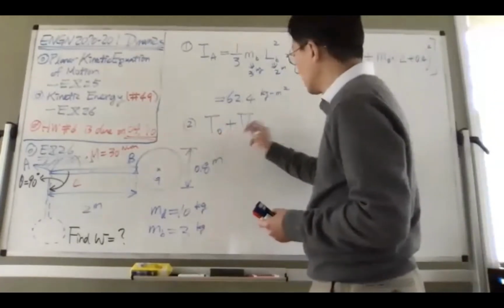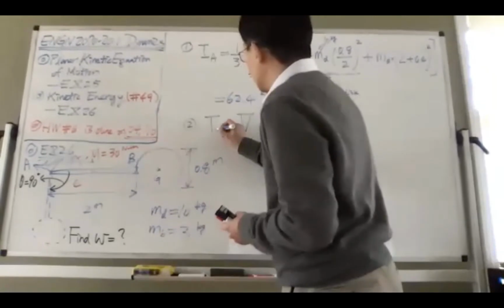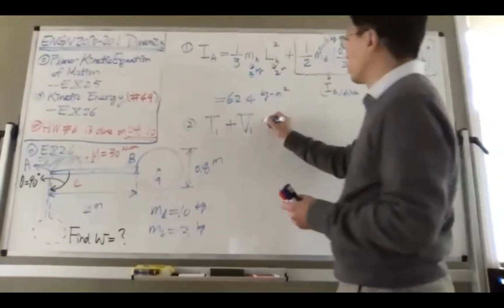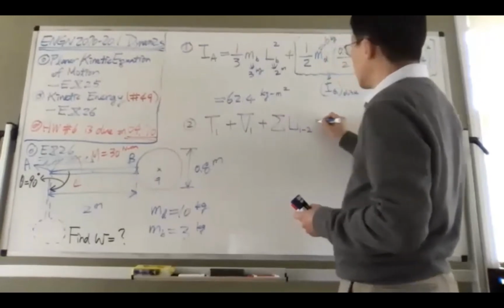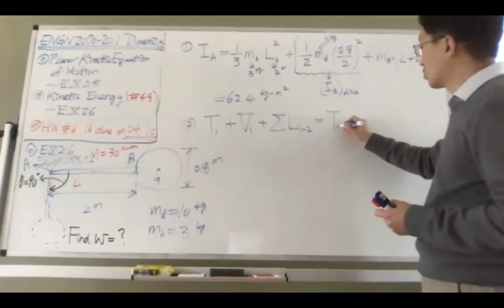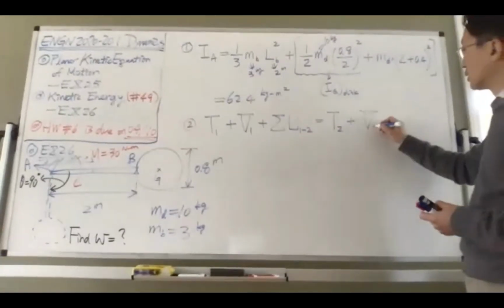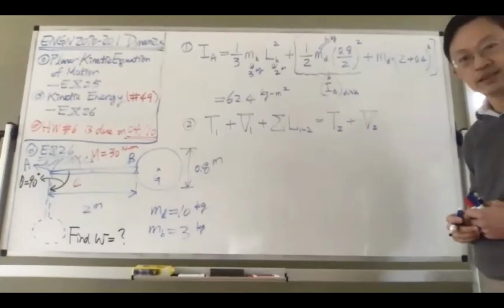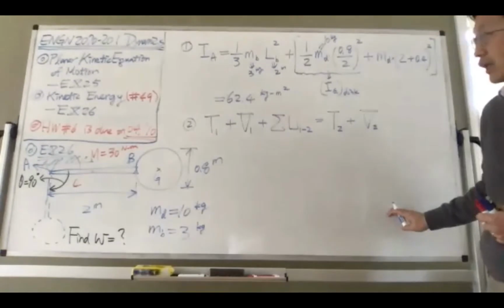We're going to use T1 and T2, I think this may be easier. T1 plus the summation of total work from 1 to 2 equals the kinetic energy at T2 plus the potential energy at T2. Remember? This is what we learned from work and energy.